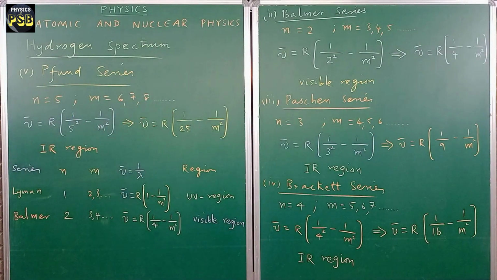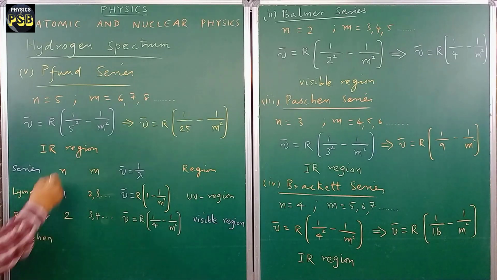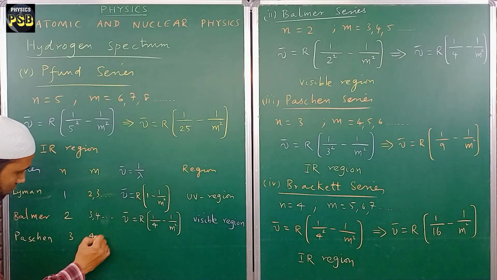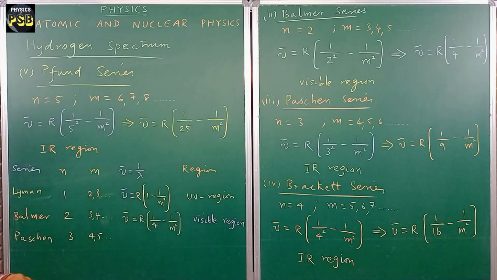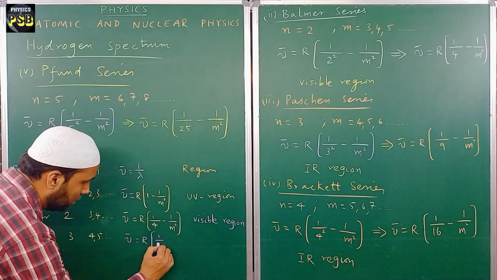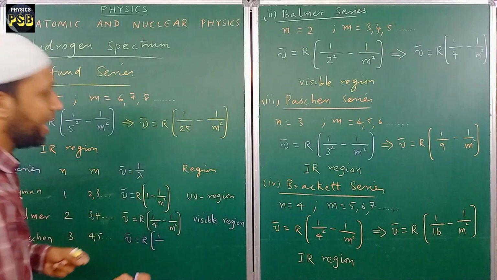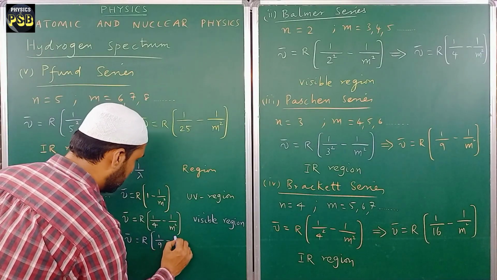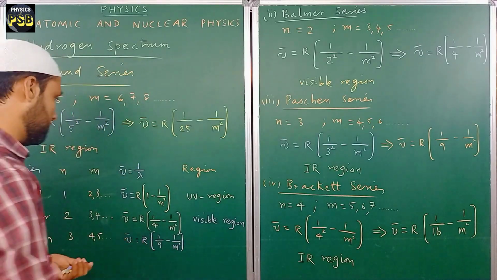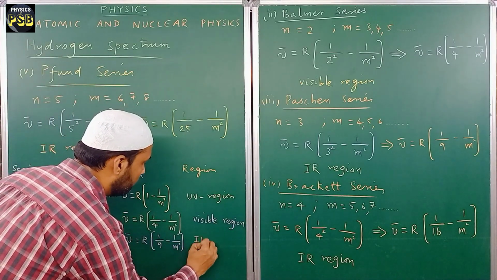The third one is the Paschen series. Here the value of n is 3, and m is 4, 5, and so on. The wave number is R multiplied with 1 upon 9 minus 1 upon m square. And it is in the infrared region.